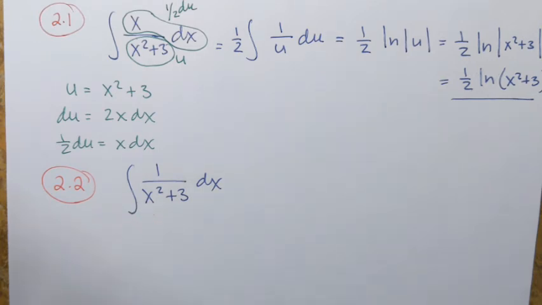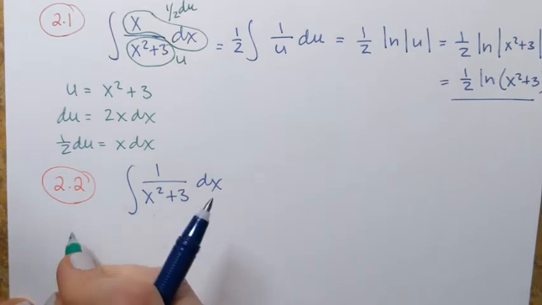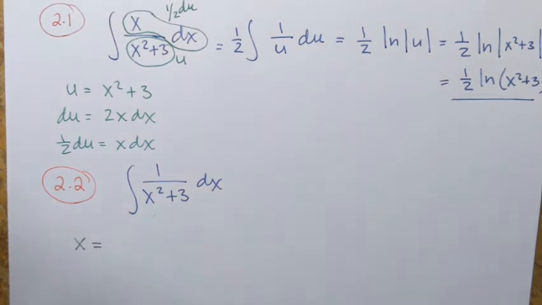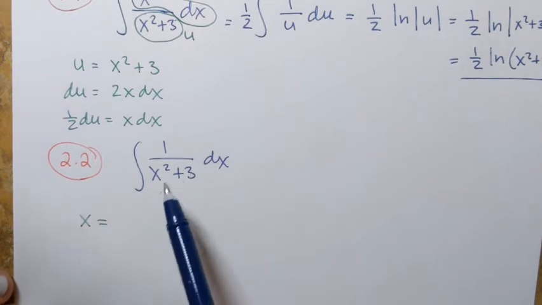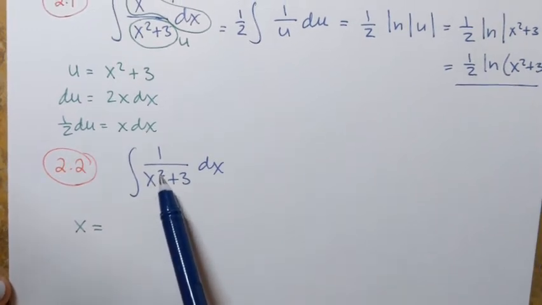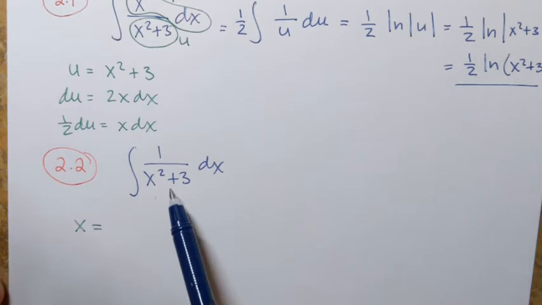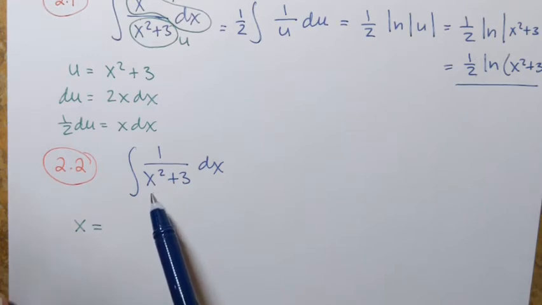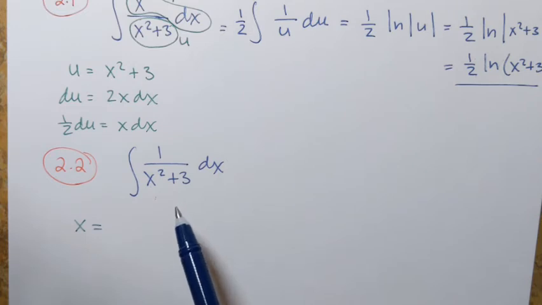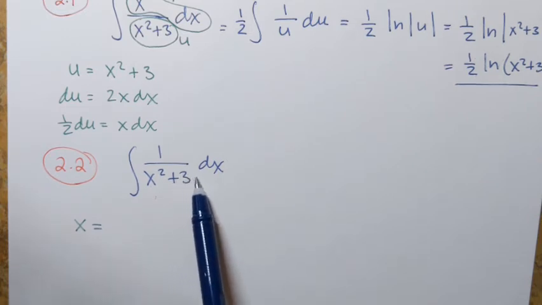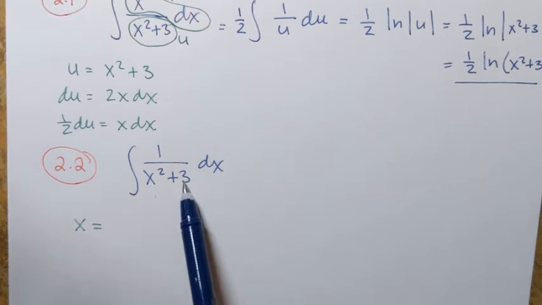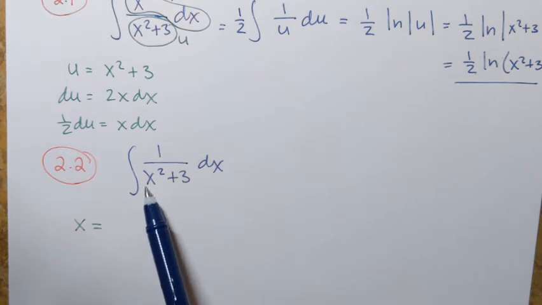What should I replace x with so that it works the way I want it to work? The formula from trig has to have the pattern of a trig function squared plus a number. Well, that's the one that comes for tangent, right? Tangent squared plus 1, or 1 plus tangent squared. I don't have 1. I need to get rid of 3, so I would need to factor it out. That's how we usually get rid of the unwanted number and create 1. But in order for me to factor out 3, I have to have 3 over here.